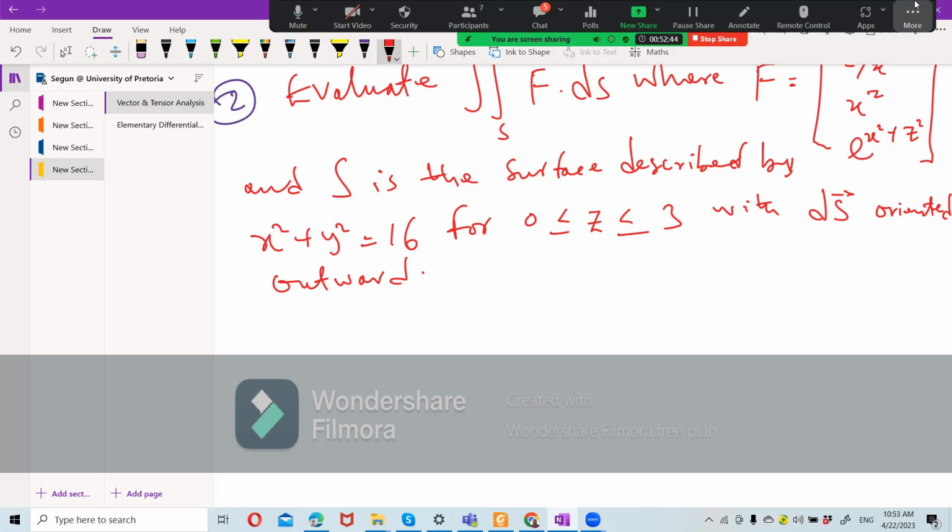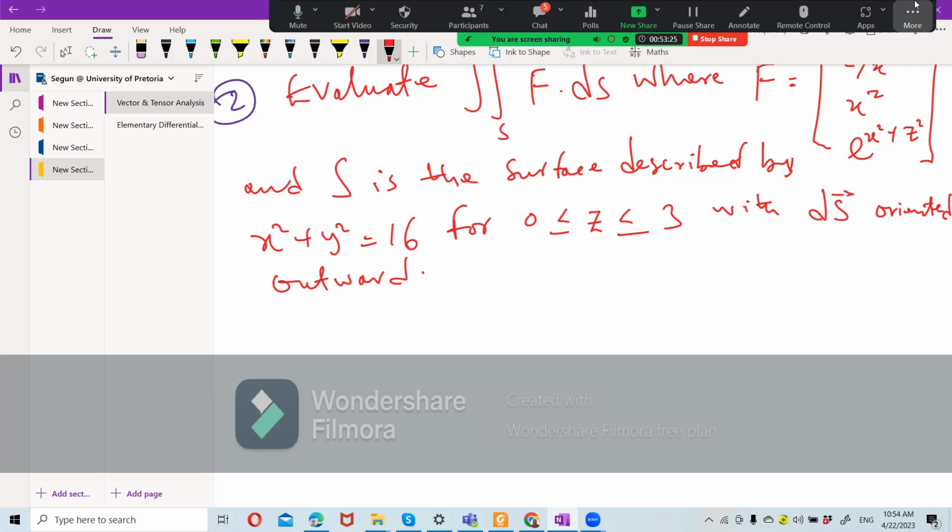And when you have x squared plus y squared equals r squared, talking about a circle. Do you still remember that?